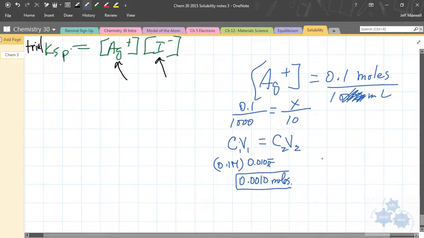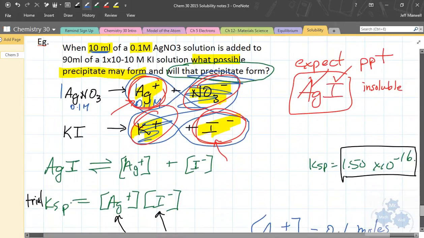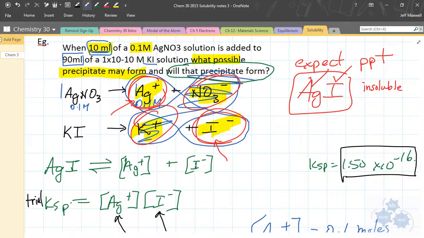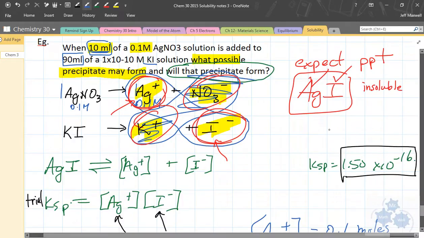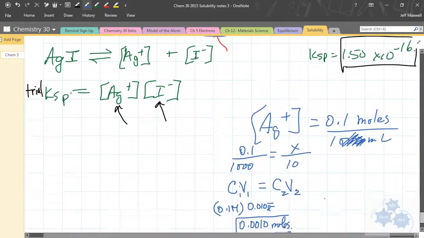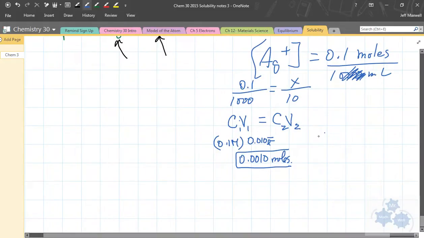Now the second volume, this V2: you have 10 milliliters of this one and 90 milliliters of the other solution. So V2 is the total volume when you add them together. So what's 10 times 90? I'm sorry, 10 plus 90 is 100 milliliters or 0.1 liters.